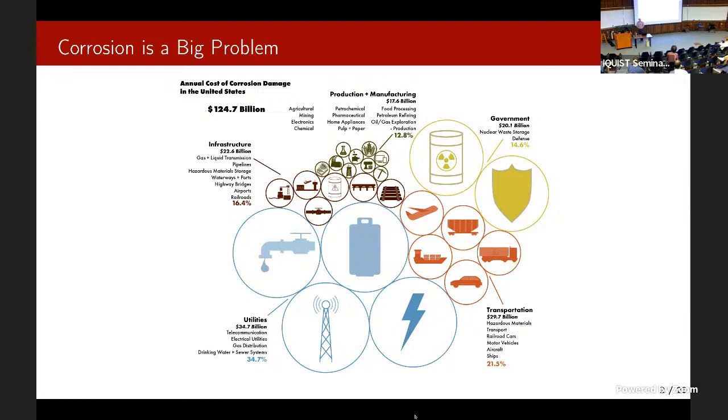So it's a big problem. If you could stop corrosion, or at least slow it, or come up with a coating such that whatever you painted the coating on didn't corrode, you could save a lot of money. So this is our big problem that we're going to start with.